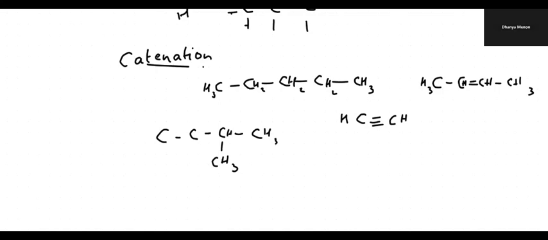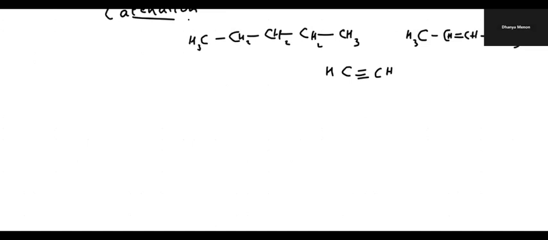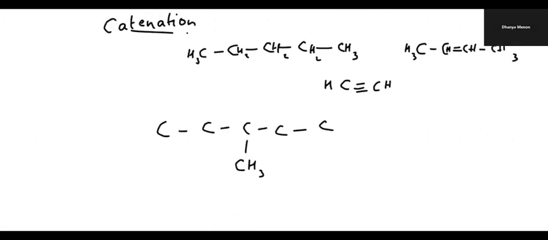I'm filling the hydrogen atoms. As I am writing, I'll tell you how I am filling the hydrogen atoms, the requirement of the hydrogen atom. So for example, 1, 2, 3, 4, 5, and suppose the branching is here. So this is the catenation property of carbon, where it is forming a long chain, and here you can see a branching also. I'm filling the hydrogen atoms according to the tetravalency nature.